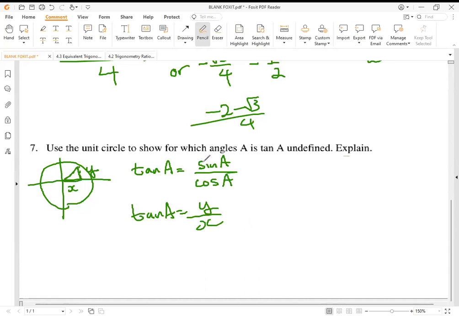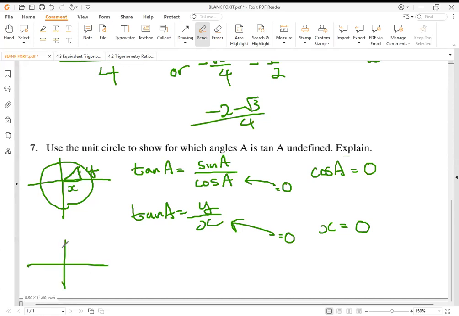If you decide to go this route, when is a fraction ever undefined? When the denominator is 0. So if you chose this route, you're looking for angles that make cosine A 0. Or if you chose this route, you're looking for any point on the circle that makes the x value 0.